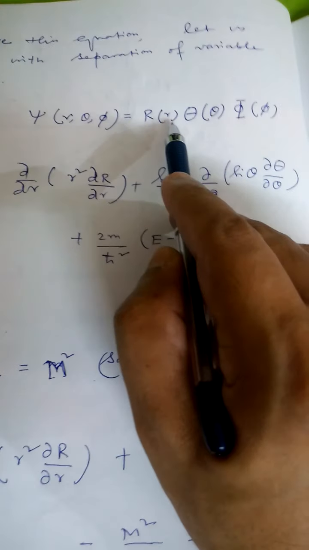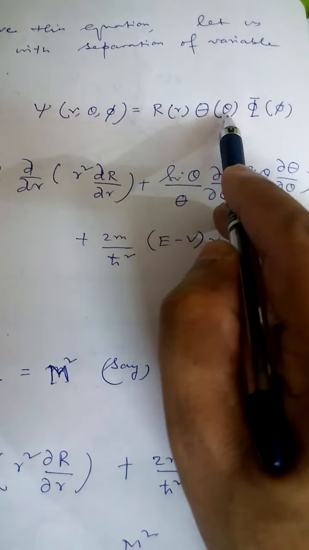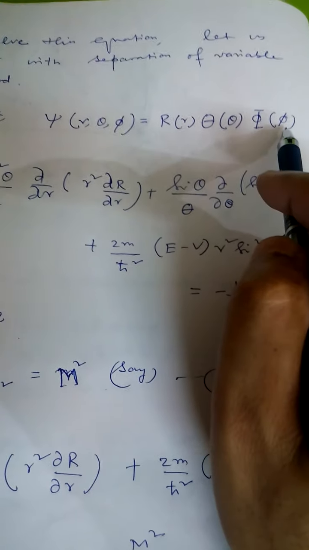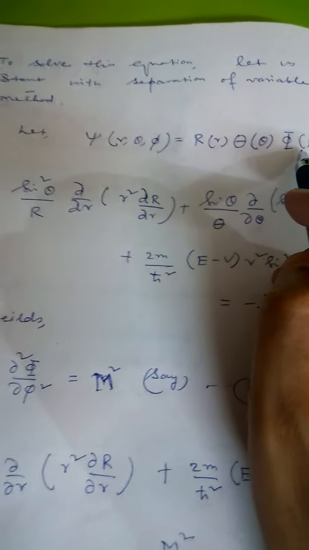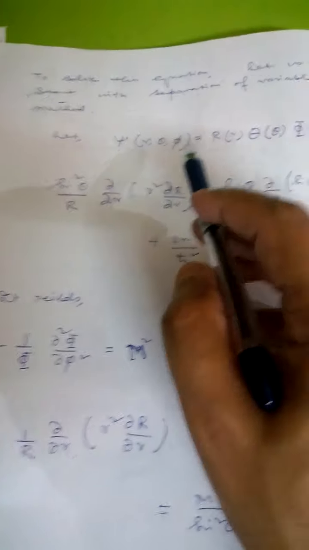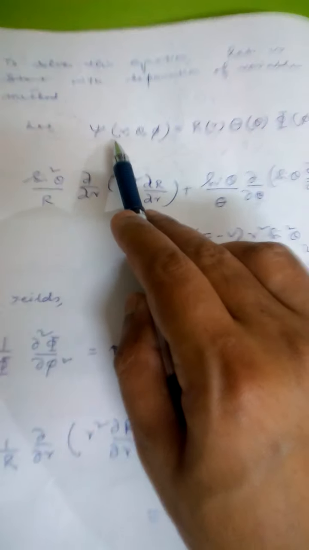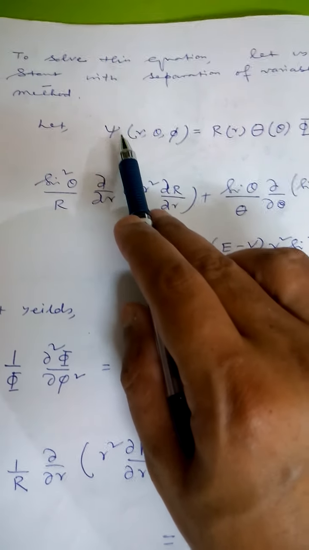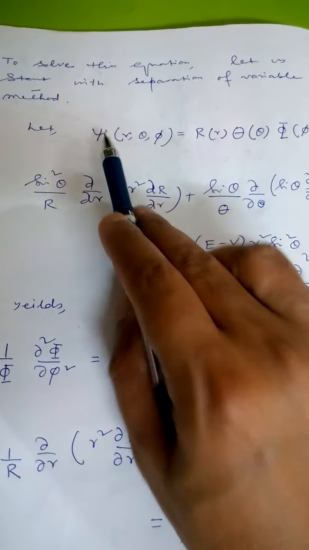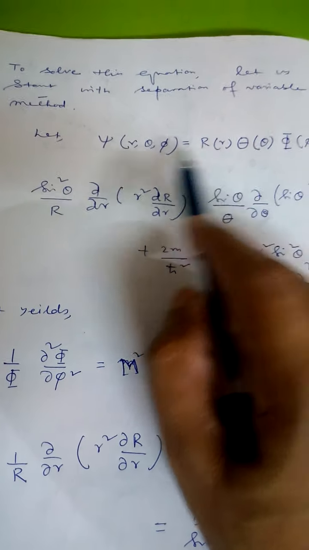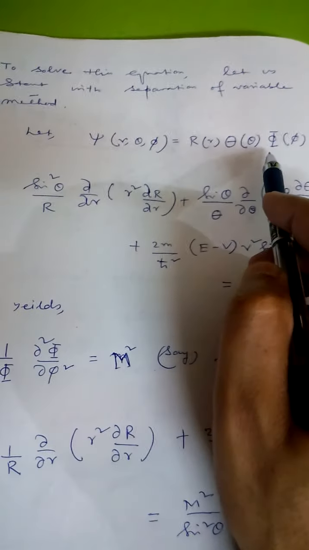Capital R is a function of small r, capital Θ is a function of θ, and capital Φ is a function of φ. Okay. So obviously we have to find out ∂ψ/∂r, ∂ψ/∂θ, ∂ψ/∂φ, and put it here.